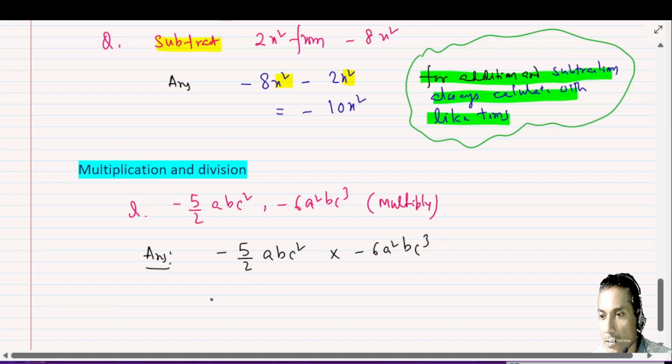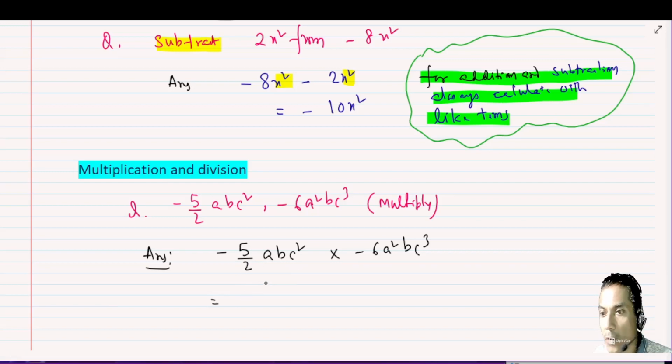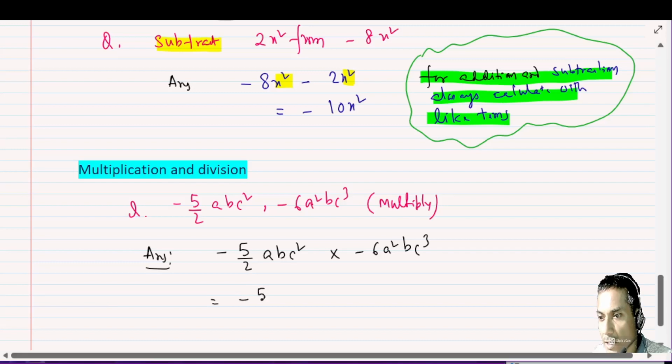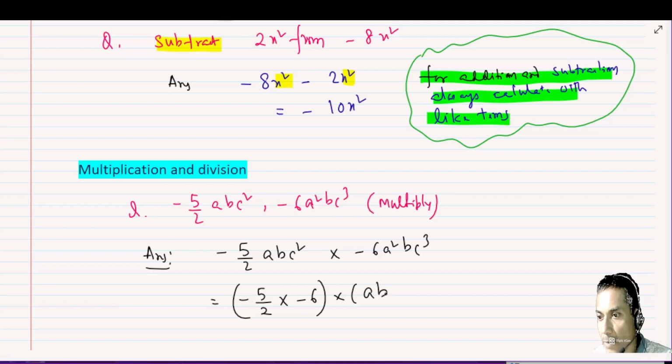Okay, then what you have to do, you just group all the constant parts, that is minus 5 by 2 into minus 6 with the sign, and separate the variable part abc square into a square bc cube.